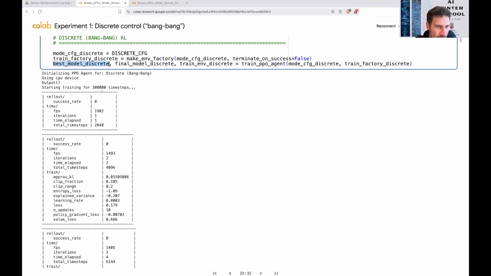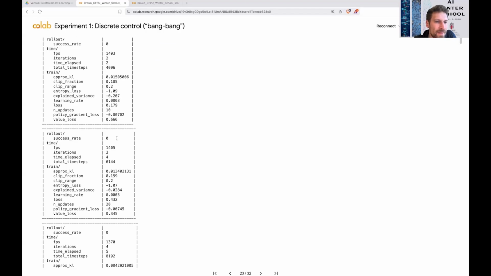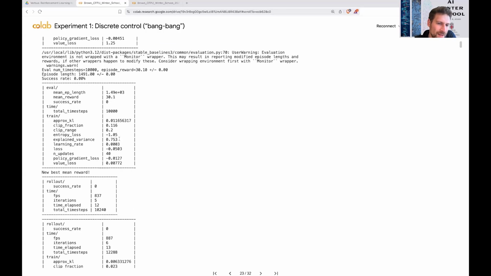So the training took a while, as you recall. It probably took like 5 to 10 to 15 minutes, depending on the CPU you're using. I think the most interesting thing to watch here is the rollout success rate.